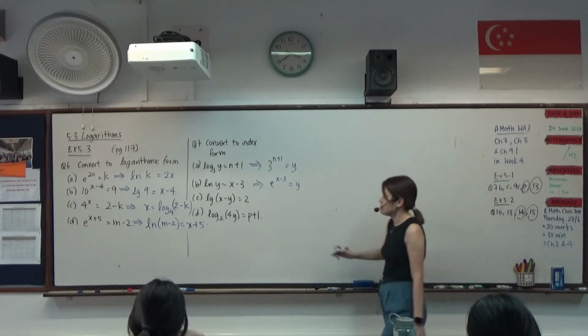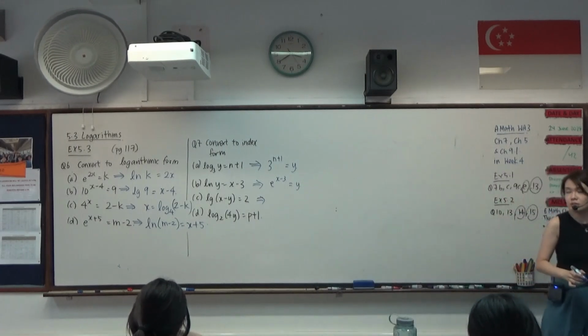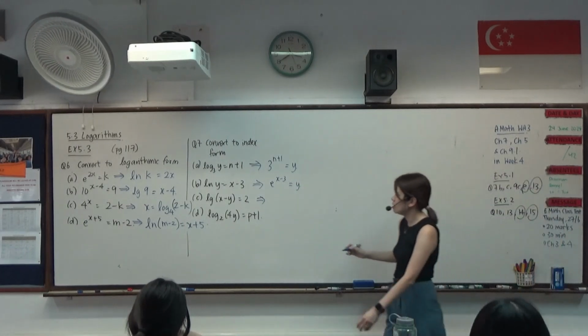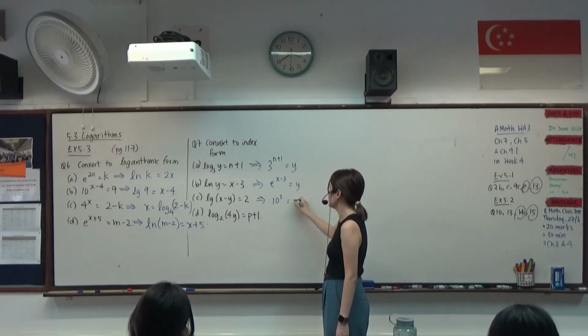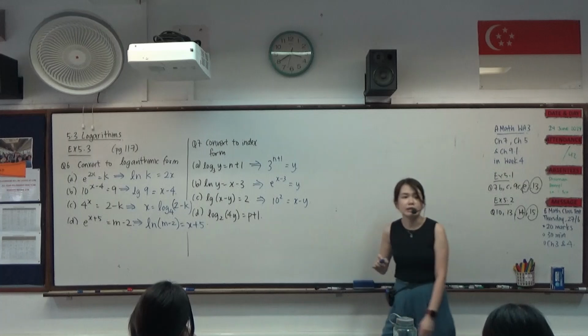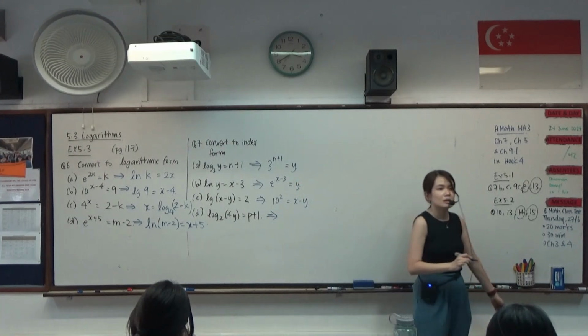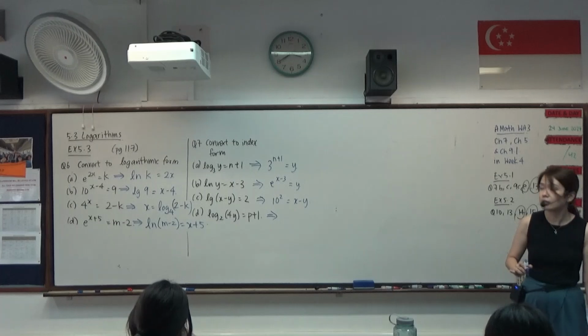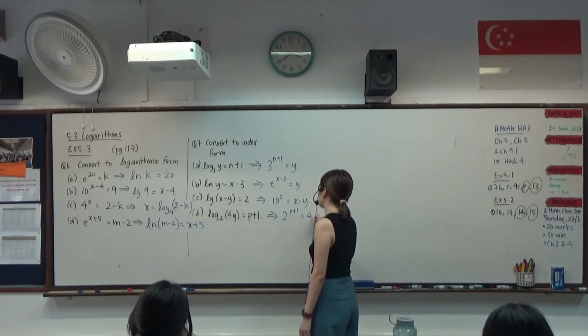Okay. Then part C, what do you get, Joven? 10 squared equals x minus 1. Great. And then last one, Janelle, can you tell me what you get? Okay, great. 2 to the power of p plus 1 equals 4.